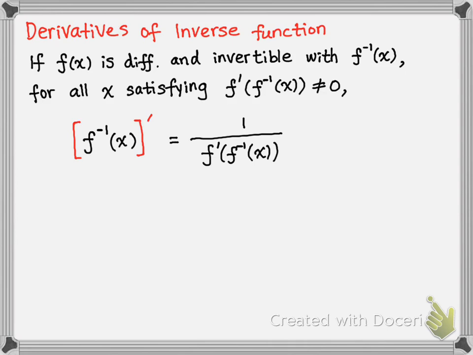We denote its inverse f inverse of x, then for all x satisfying f prime of f inverse of x not equal 0, then the derivative of the inverse function is just 1 over f prime evaluated at f inverse of x.